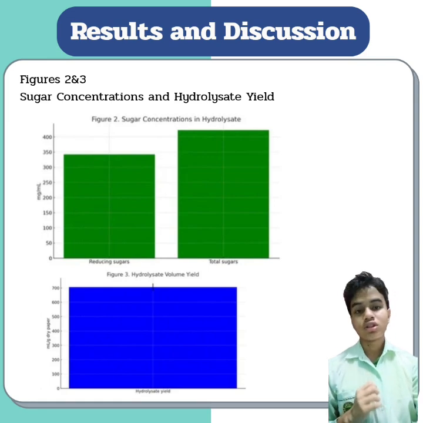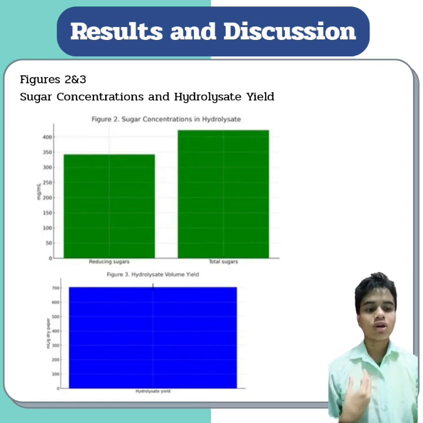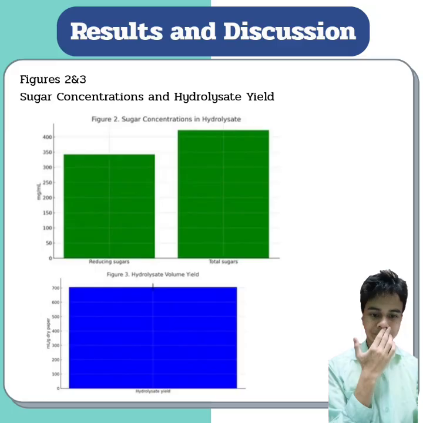In addition, the hydrolyzate volume yield was approximately 705 milliliters per gram of dry waste paper. This demonstrates efficient conversion of solid biomass into a sugar-rich liquid suitable for fermentation.